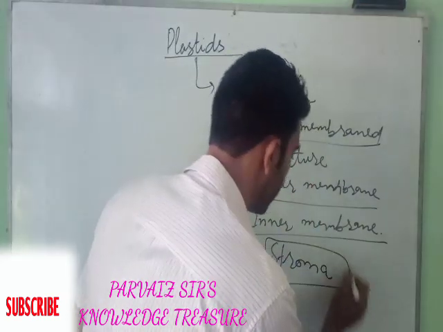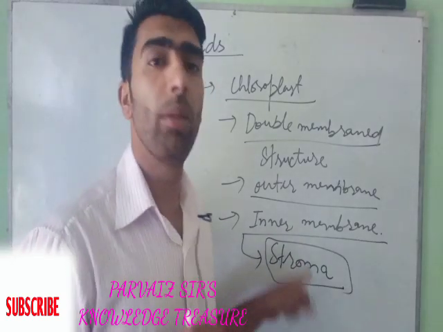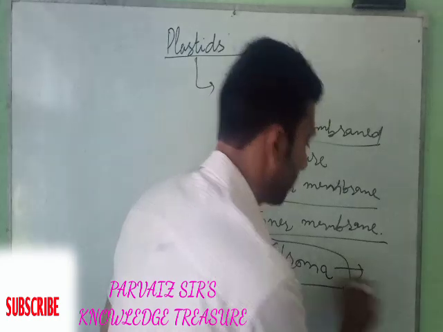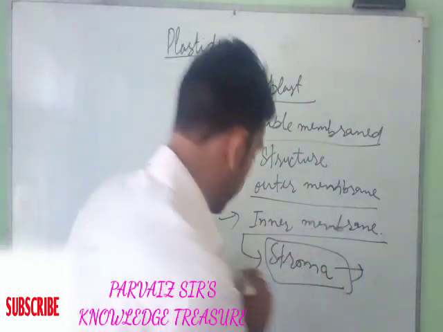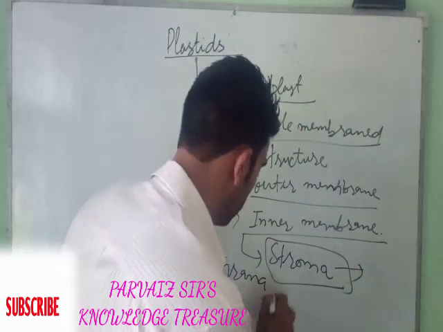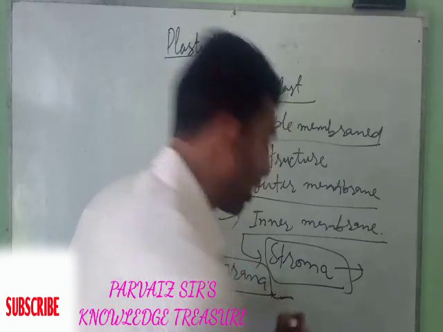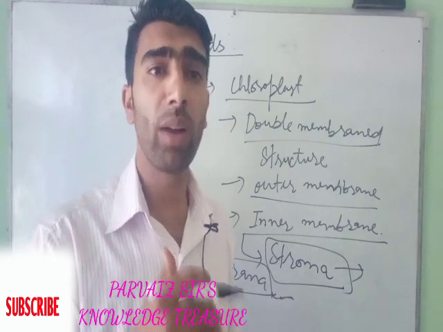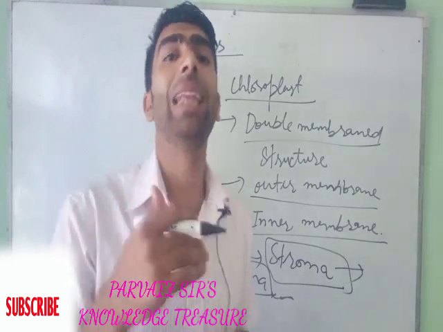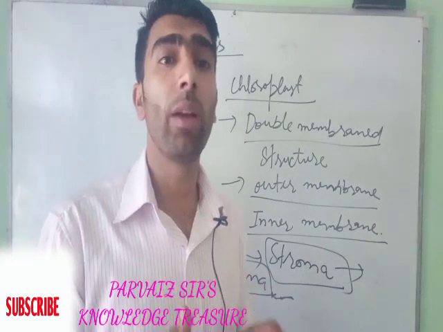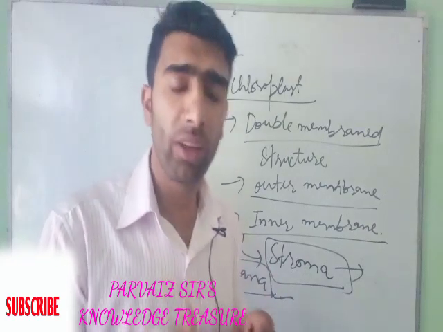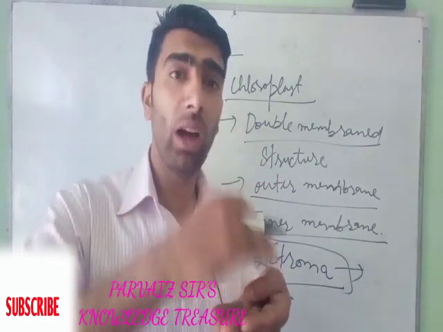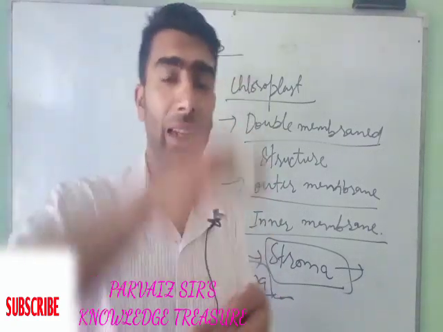Stroma is the cavity inside the inner membrane, and in this stroma cavity are present grana. What are these grana? These grana are the stacks formed by the thylakoids. Thylakoids are membrane vesicles, one upon each other, forming a stack.